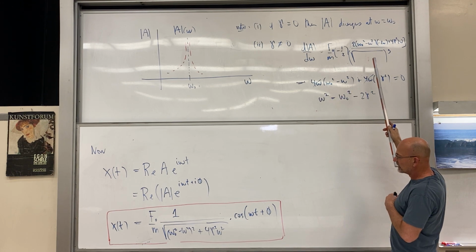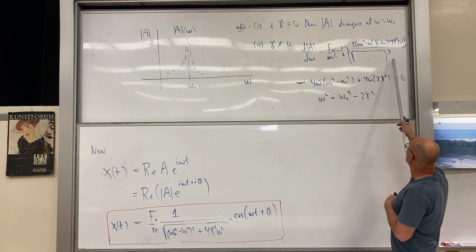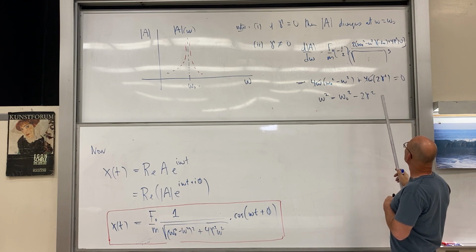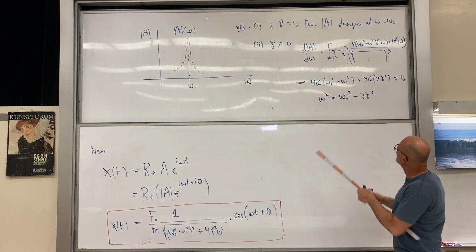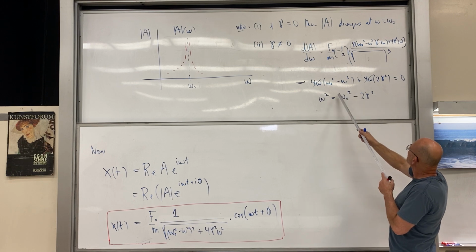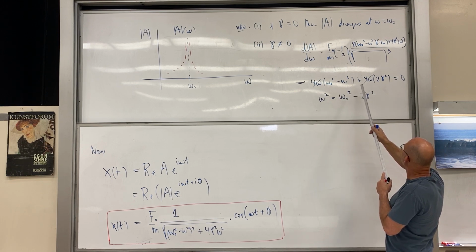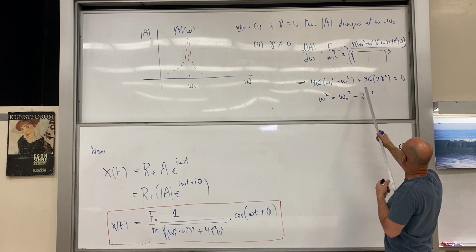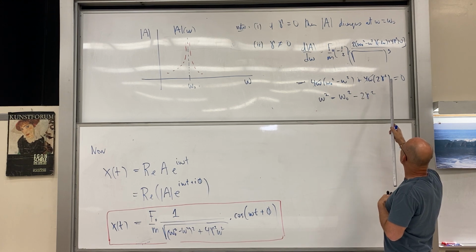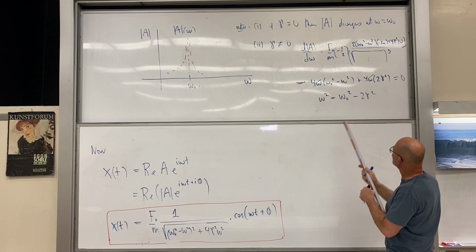Omega squared. Zero. 4 omega. Got a minus sign here.